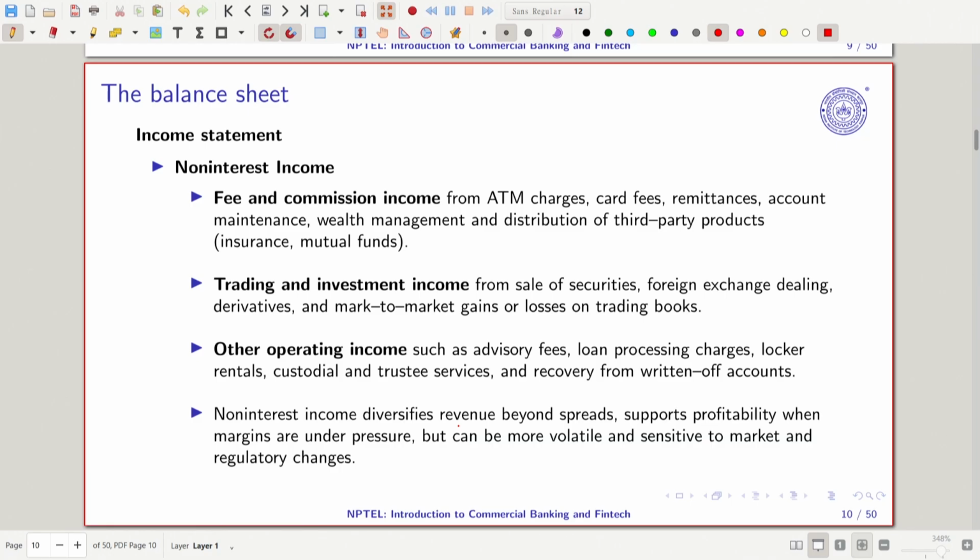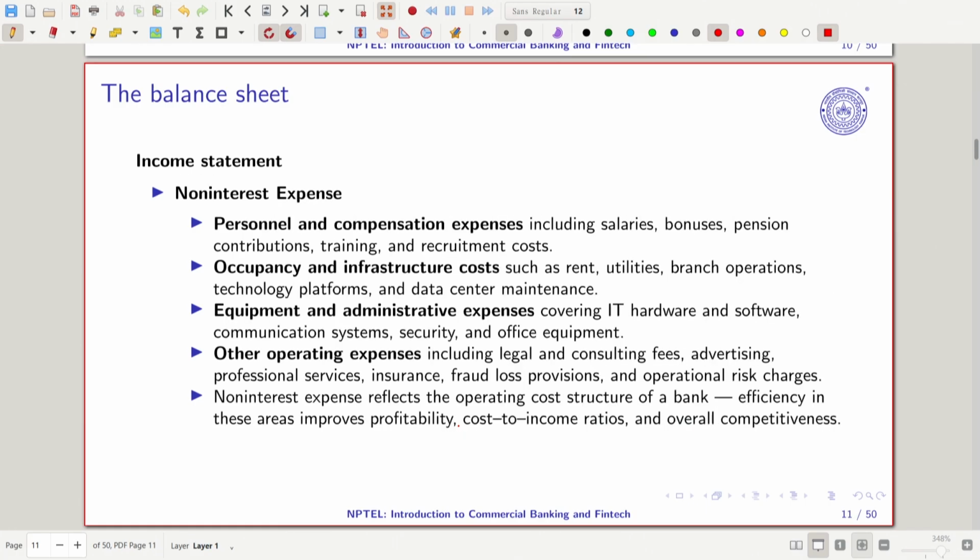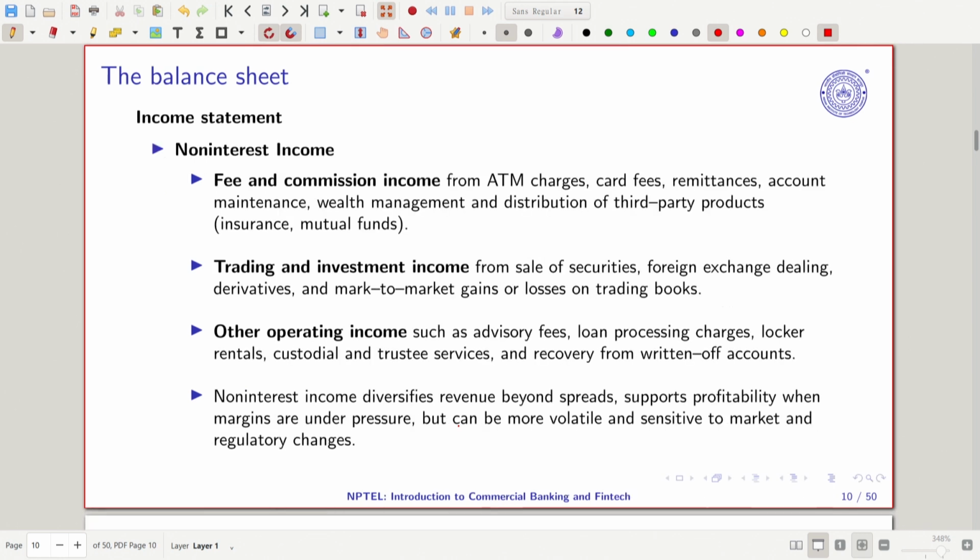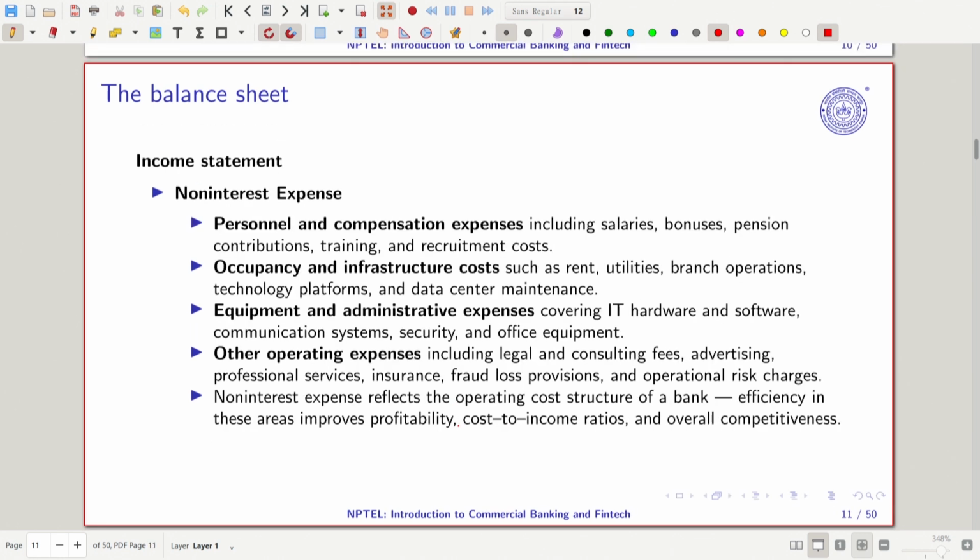So non-interest income, here we calculated. Here we have the non-interest expense. In non-interest expense, because income we have already discussed, this is just the extension of that.